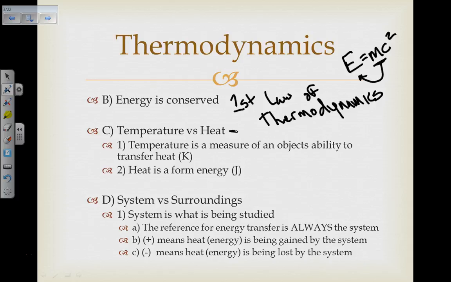The difference is that heat is the energy itself. Heat is the thing that will actually cause the molecules to move around. And temperature is a measurement of that ability to transfer heat. So temperature is really the measurement, or maybe the effect of the heat, and heat is the energy itself.